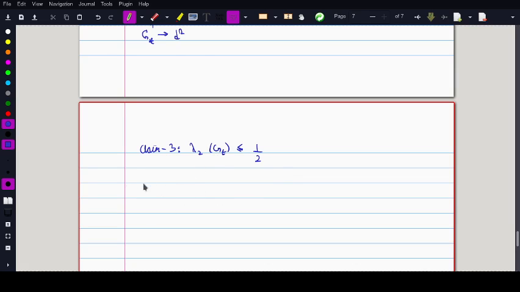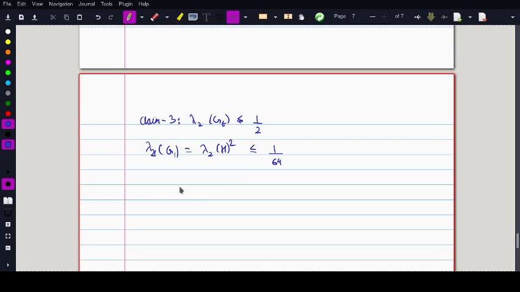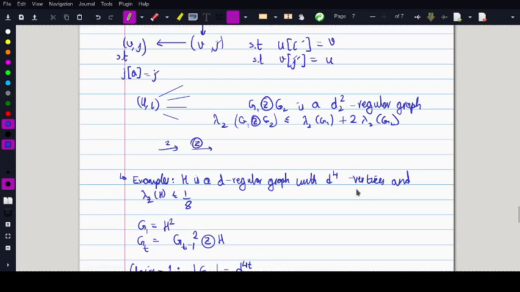So the proof of this, you can give an inductive proof for this as well. So lambda 2 of G1, we saw that when you do the square, the lambda decreases, so this thing will be equal to lambda 2 of H whole squared, which is less than or equal to 1/64, because of the bound we had assumed on lambda of H. And when you do lambda 2 of G2, we saw that this was less than or equal to, I think I wrote an equal to over here, which should, oh no, okay.